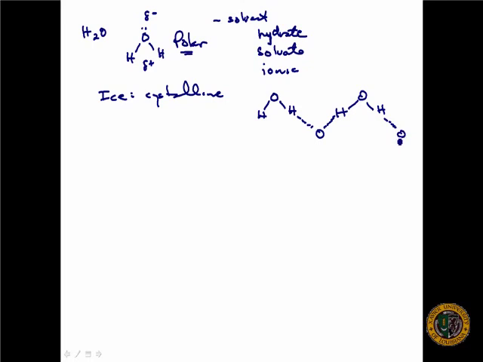And this can form a nice little network between the water, the oxygen, and the hydrogen. So this hydrogen bond is very abundant and can form these little crystalline structures in ice.